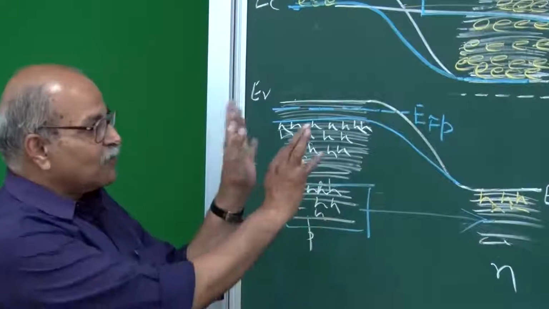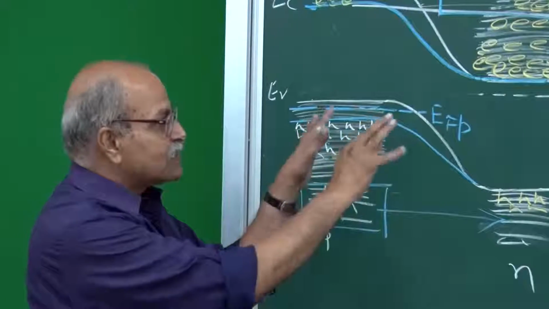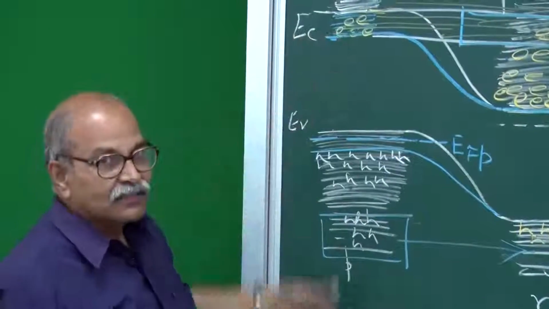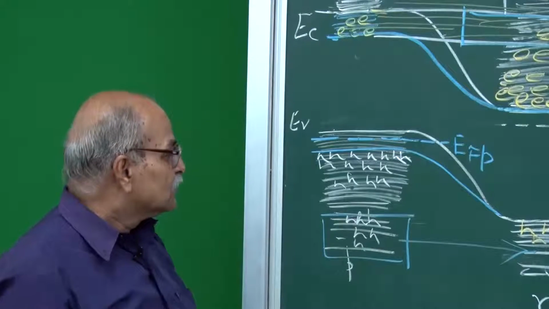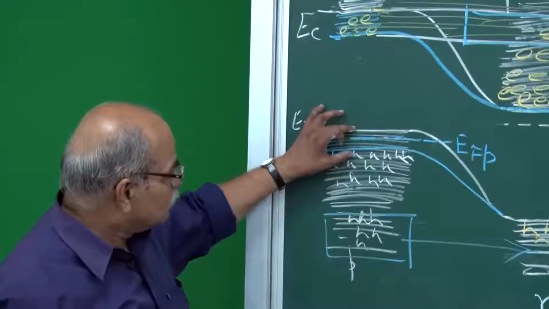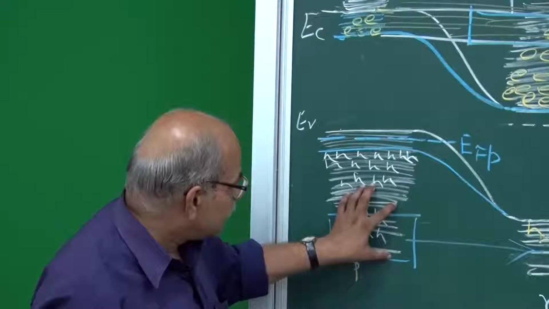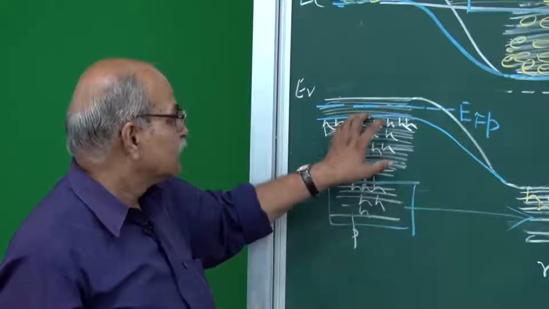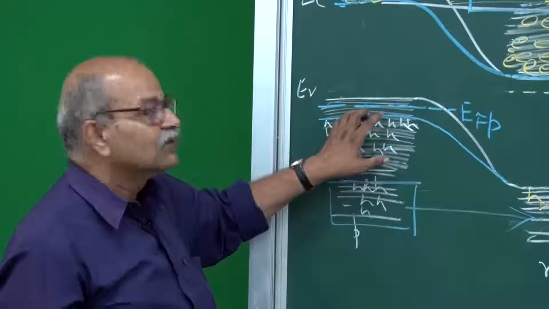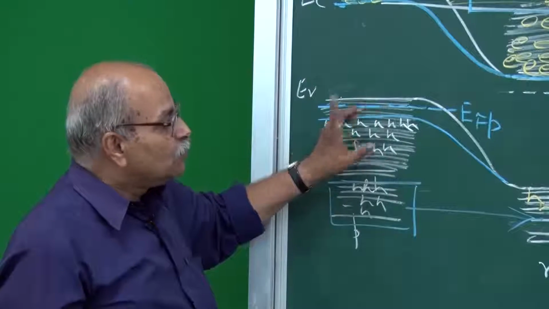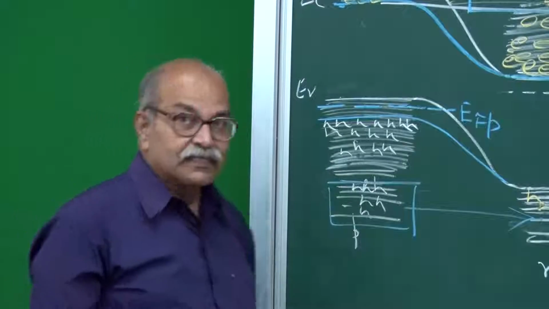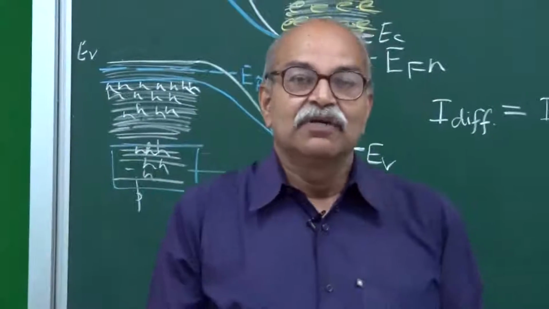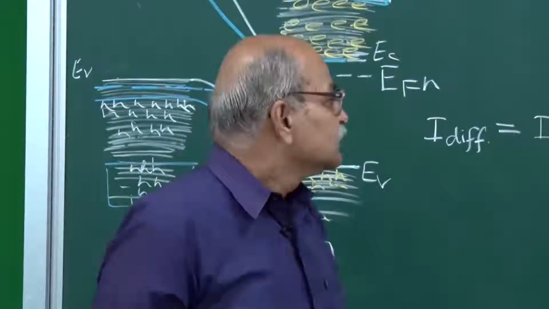For small voltages, and generally the voltages are small, not as large as this 1.12 EV or so, you are only concerned with this area, and here the hole will come independently of whether EV is here or EV is here. So the message is, the drift current is not going to change significantly because of this forward biasing.